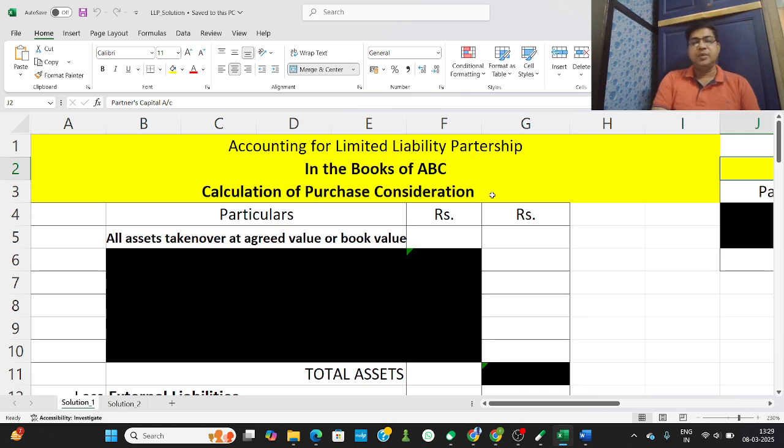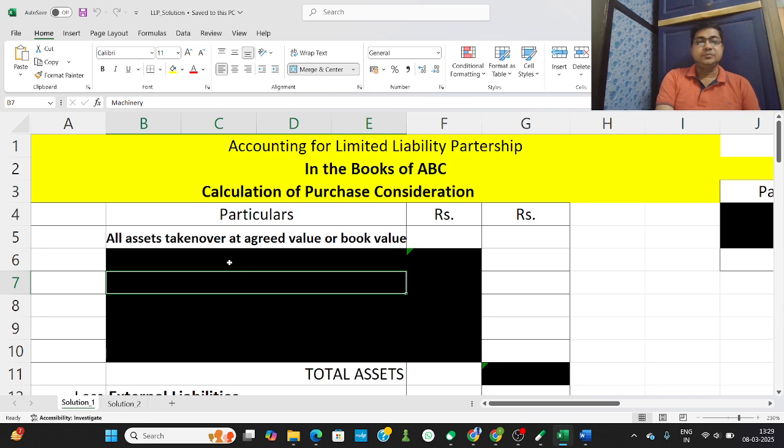Friends, we already studied in amalgamation of companies how to find out the purchase consideration by using the net asset method, and the same things we have to consider whenever we find out the purchase consideration in the LLP. First of all, we have to consider all assets taken over at agreed value or book value.